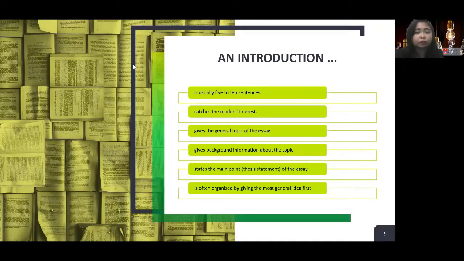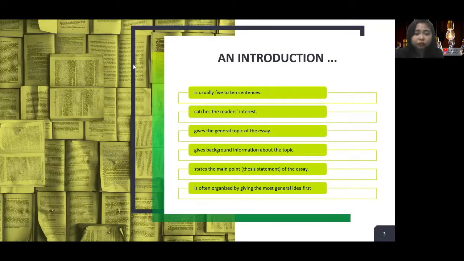So don't forget to put your thesis statement in your introduction paragraph, because an introduction gives the general topic of the essay. An introduction also gives background information about the topic, not only the thesis statement, but also the background information related to the topic of the thesis statement.